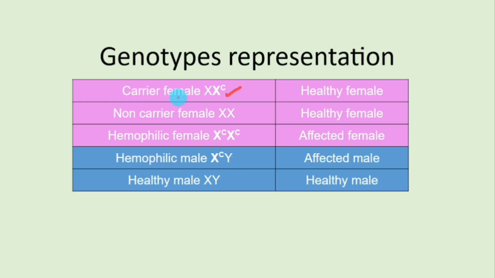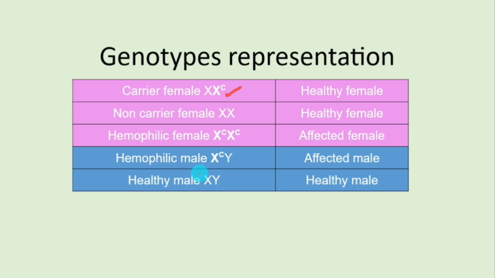So carrier females of hemophilia gene, they are healthy. Non-carriers are just any other healthy female. Okay, they will have normal X chromosome. The gene is not affected at all. And hemophilic females are homozygous for the affected allele.